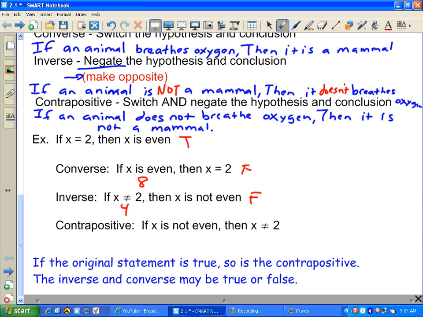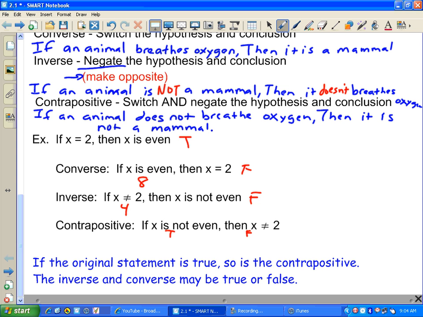Contrapositive, if x is not even, so if I can think of a number that's not even, is it ever going to be 2? No. Okay, so these counterexamples have to be true for the if part and false for the then part.